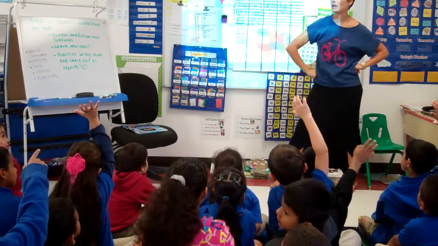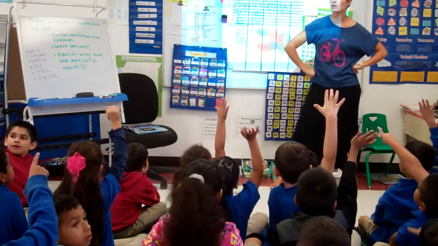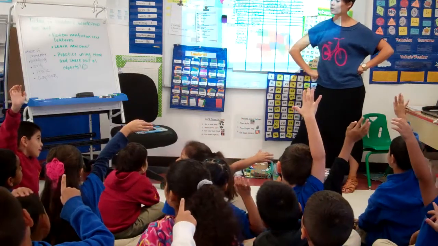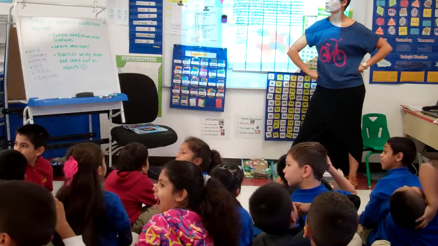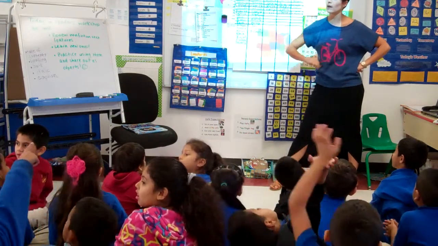Where in the classroom is there a map that we talked about just the other morning when we were doing the Pledge of Allegiance? Let's let him figure it out.